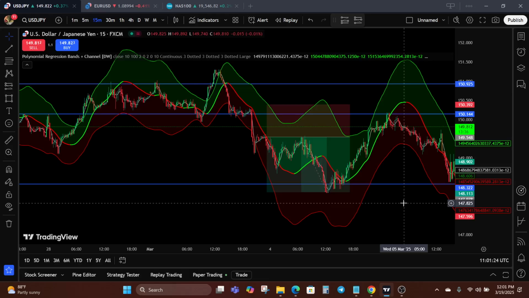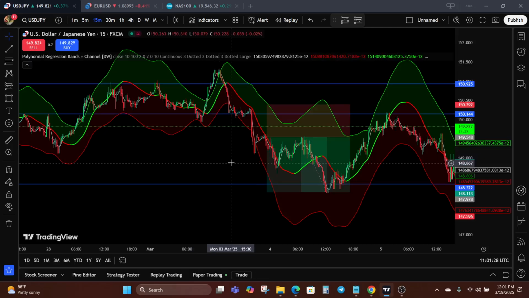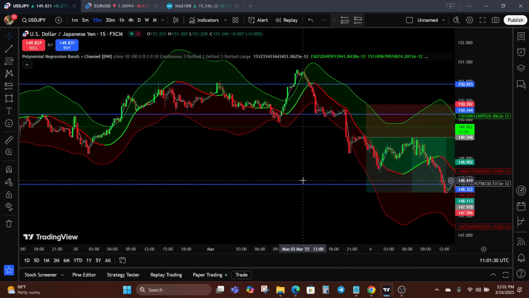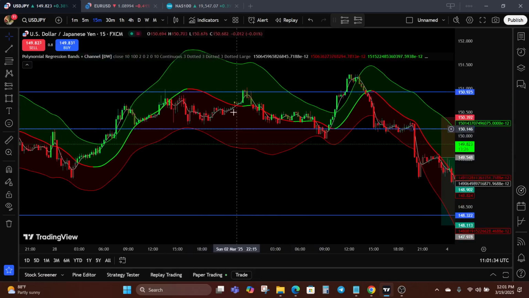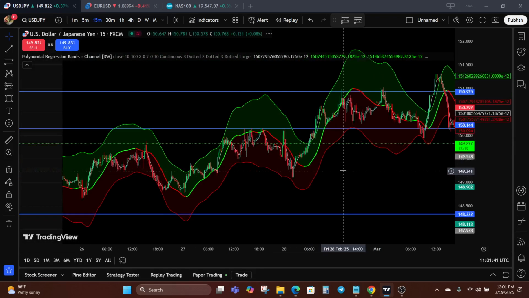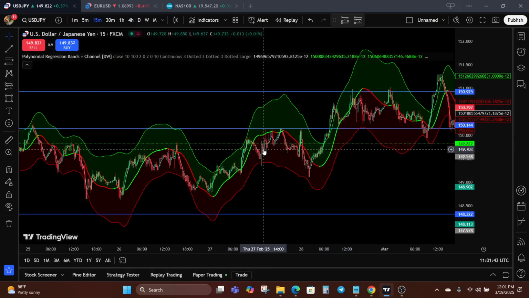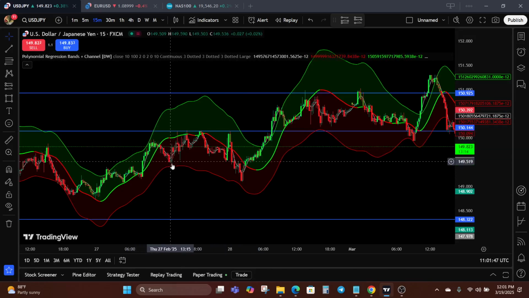The indicator can also help you to identify volatility, because when the bands are widening apart, you will notice that it's mostly a ranging condition.